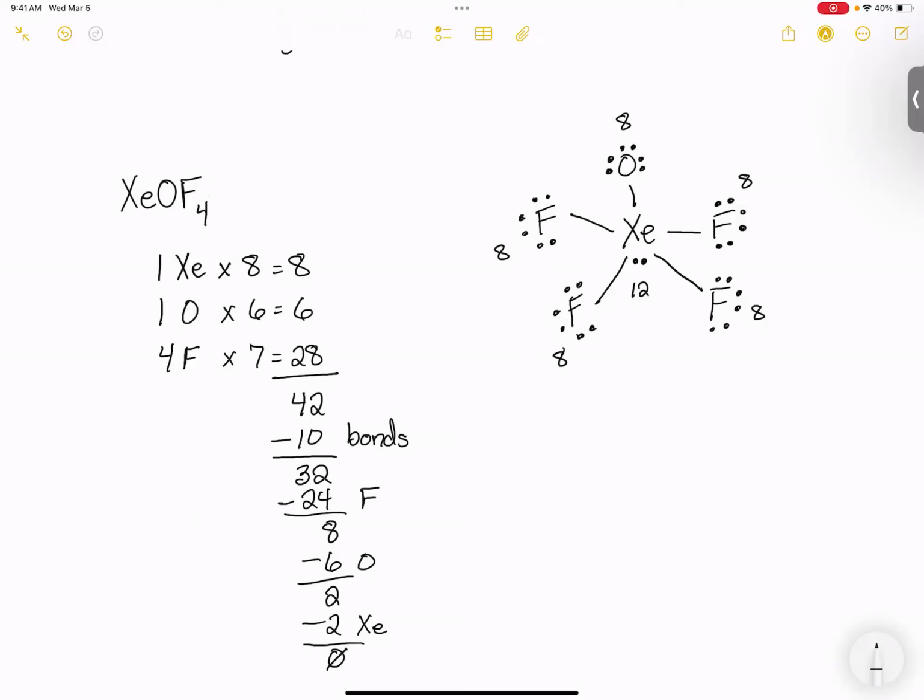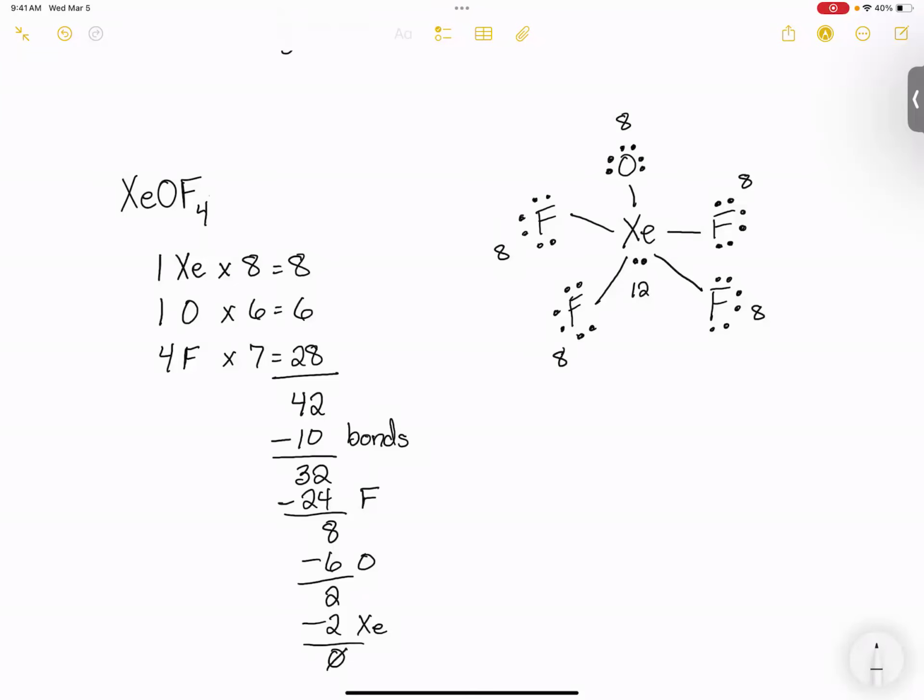Now, here, your central atom is in period 3 or greater. Any time your central atom is in period 3 or greater, you must do formal charge to determine if you have the correct Lewis structure.